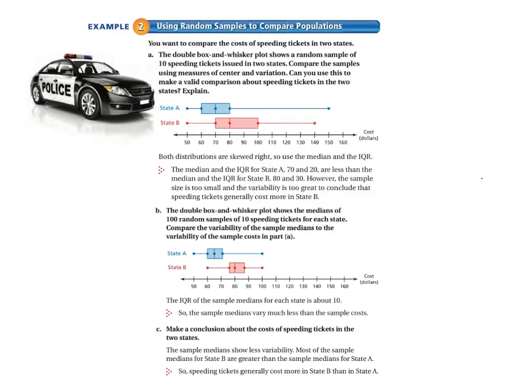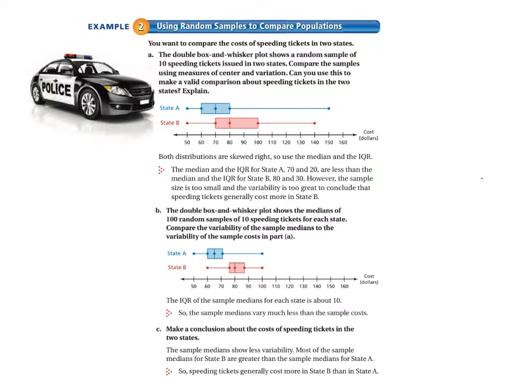So let's move on to example 2. It says using random samples to compare populations. So if you remember from earlier in the chapter, sometimes we don't have all of the data, but we have random samples. Sometimes it's just not possible for us to measure all of something. So it says you want to compare the costs of speeding tickets in 2 states.